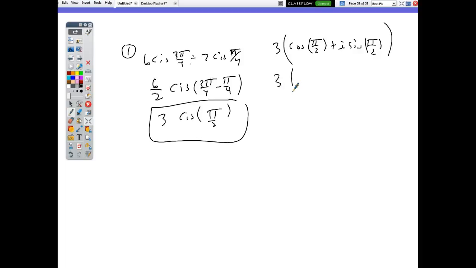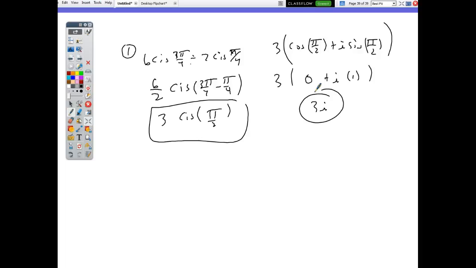Division turns into subtraction, multiplication turns into addition, but the cosine plus i sine stays the same. Cosine is 0 plus i times 1. I get 3i.